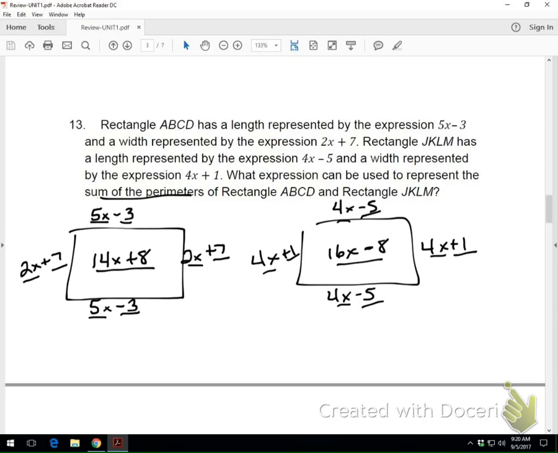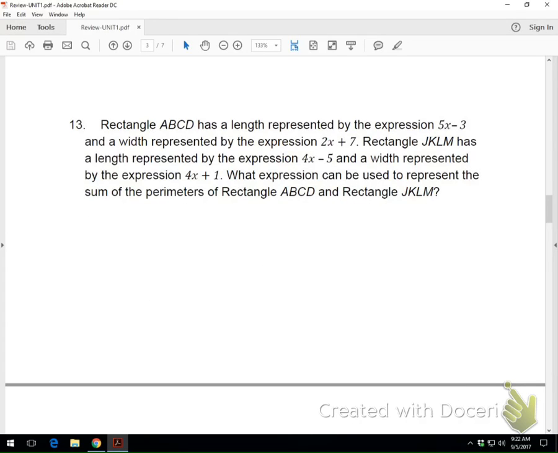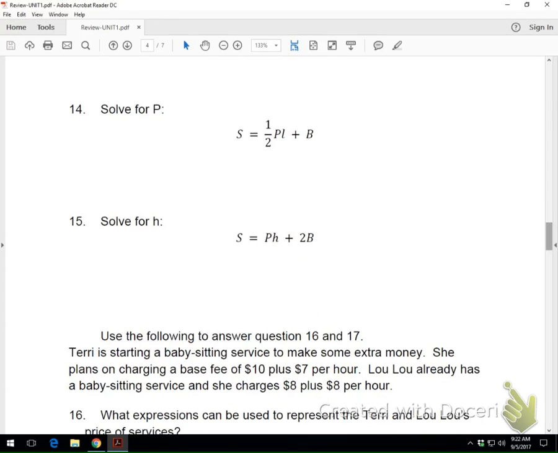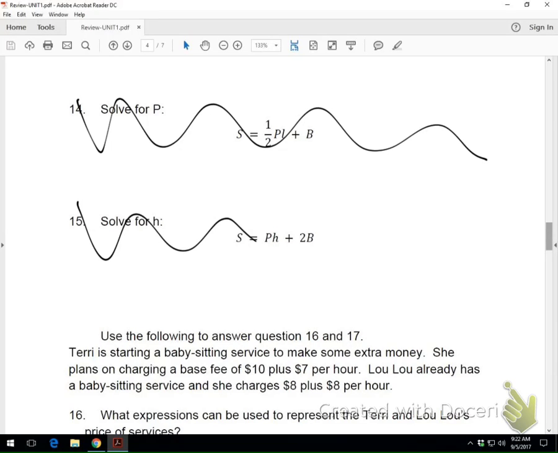So 14 plus 16, 30x. And then 8 minus 8, 0, so it's just 30x, right? Good. Remember we talked about omitting these, so we marked out 14 and 15.